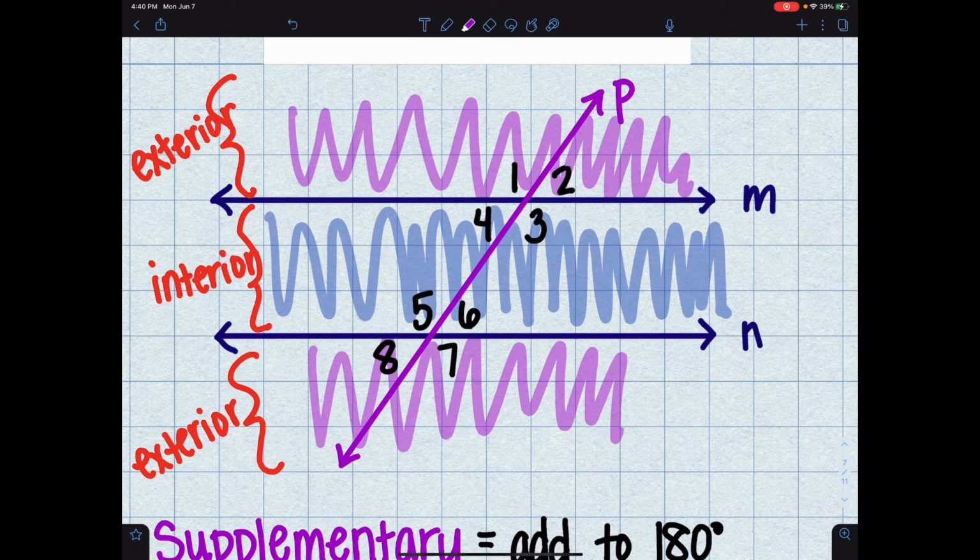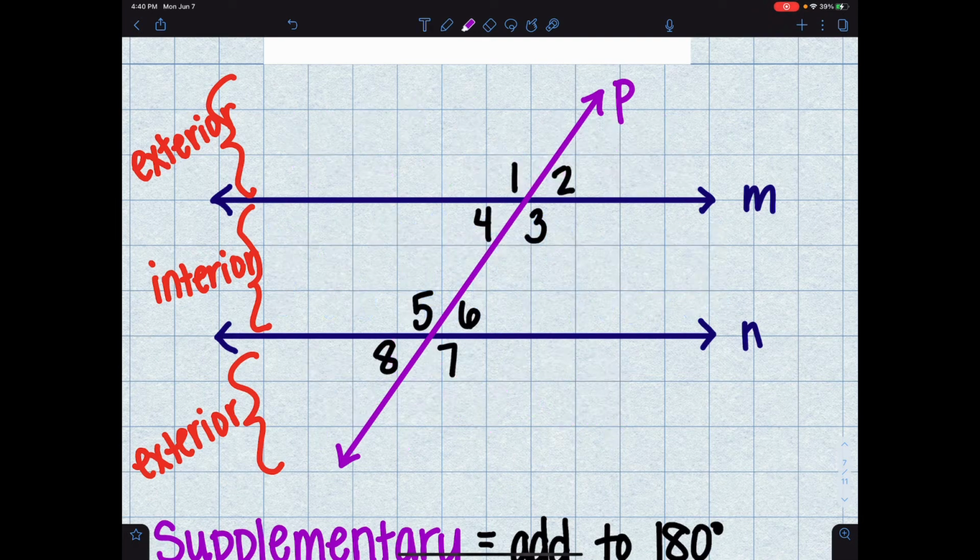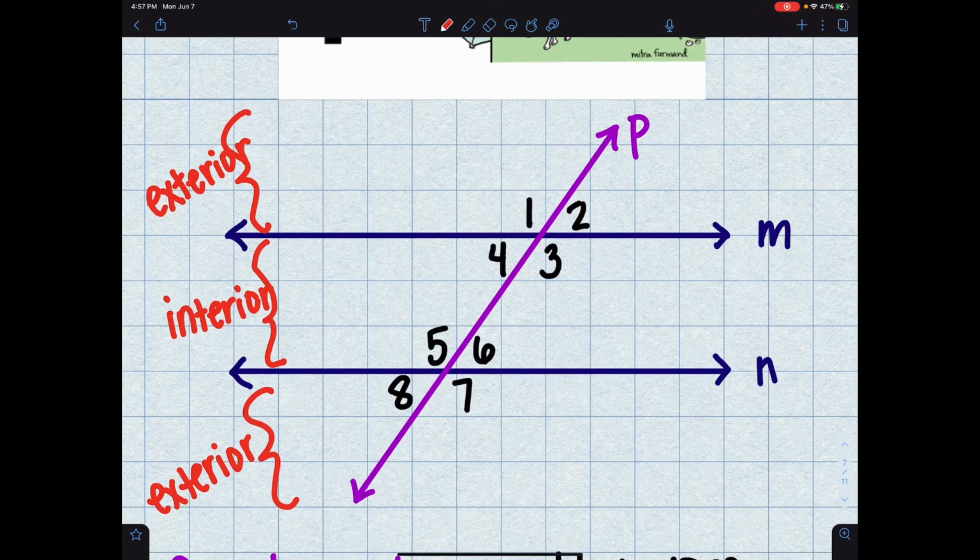Okay, all right, another vocabulary word, here we go. This is a lot to remember, I know. The vocabulary word is alternate. So the way I think about it is this. Let's pretend that this line P is making an alternate universe.